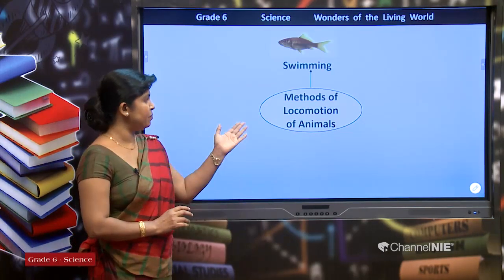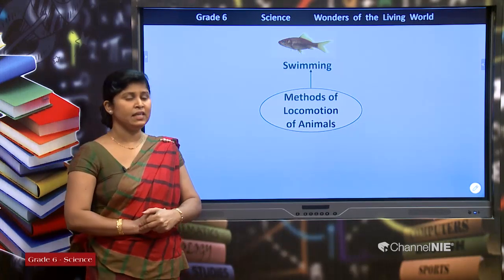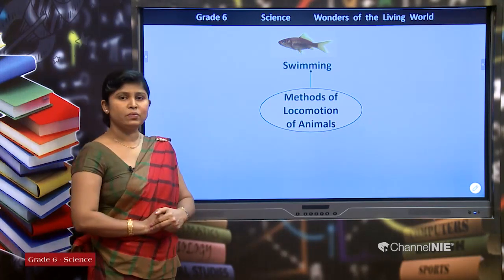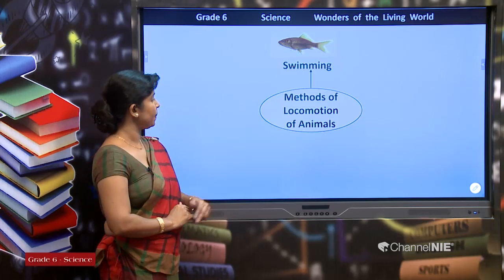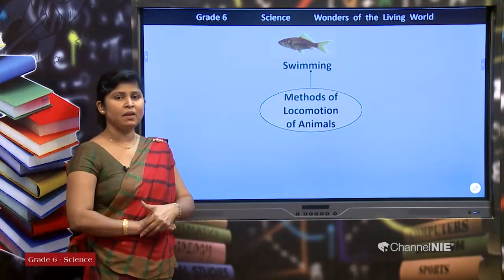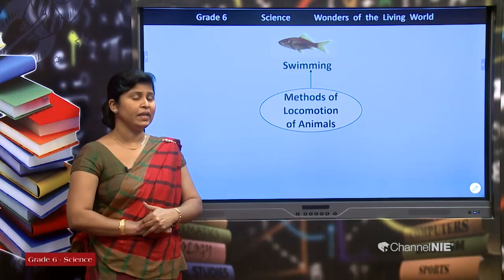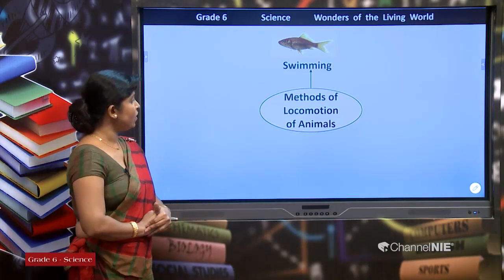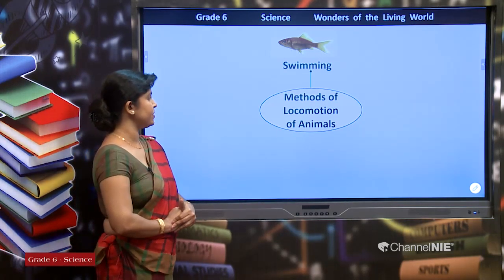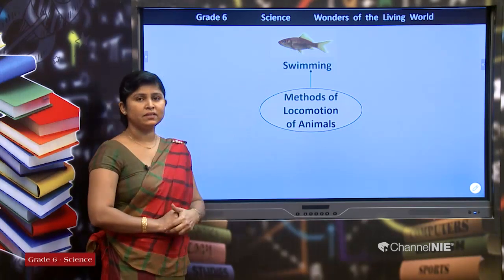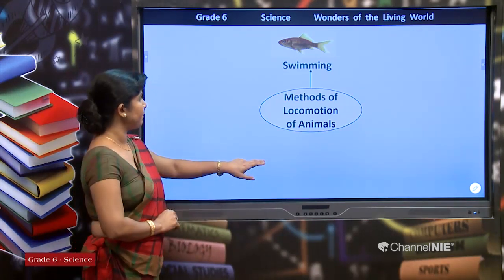To understand the methods of locomotion easily, I have given you some pictures, right. What is the animal given in the picture? It is a fish, an aquatic animal. The method of locomotion of the fish is swimming. What is it? Swimming.